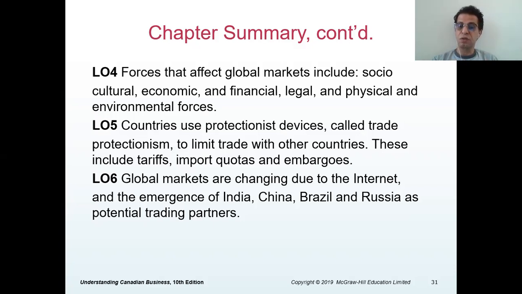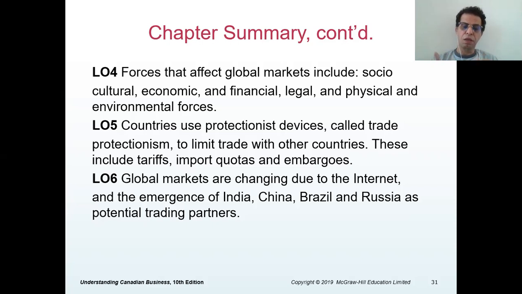Countries use protectionist devices, like trade protectionism, to limit trade with other countries. These include, for example, tariffs, import quotas, and embargoes, and there is something called dumping.